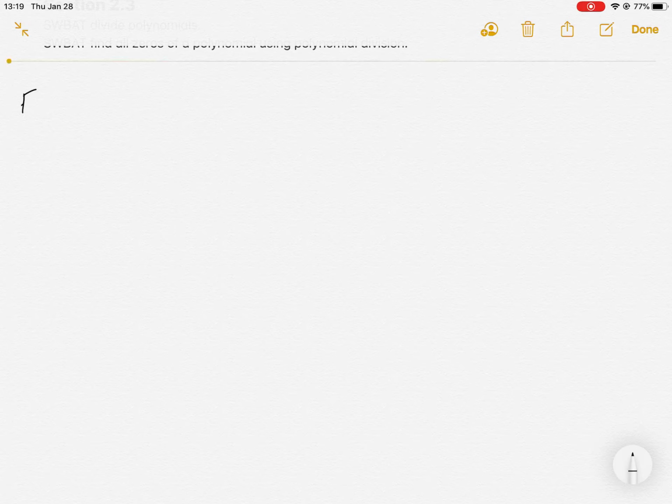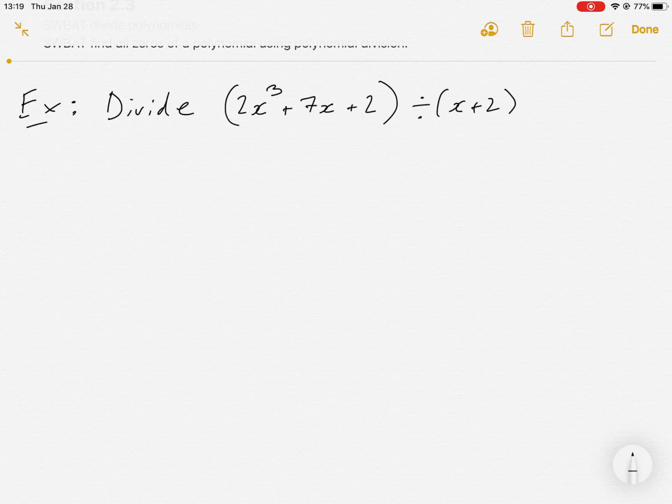So let's get straight into an example. Let's just say I wanted to divide 2x cubed plus 7x plus 2. So here's one polynomial, and I'm going to divide this by x plus 2. We'll see some different formats for this and different ways of doing this.